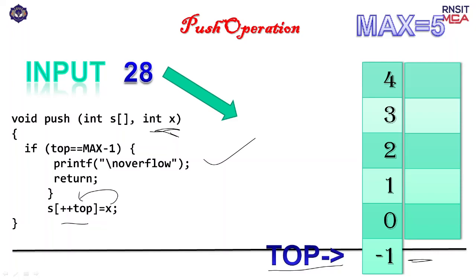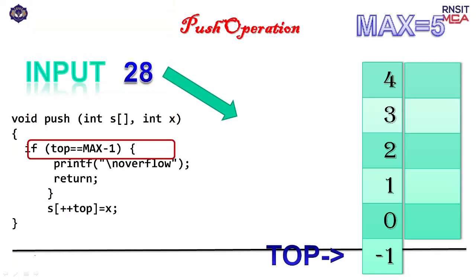So now first, just clear the screen so that you will clearly understand. Now 25 is the incoming element. As soon as you get 25, you check whether top is at the maximum position. No, top is not at the maximum position. Top is at -1.